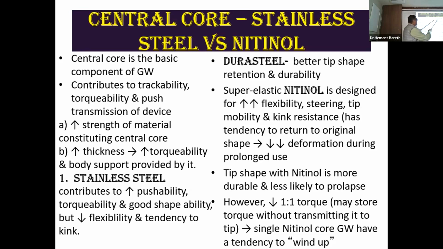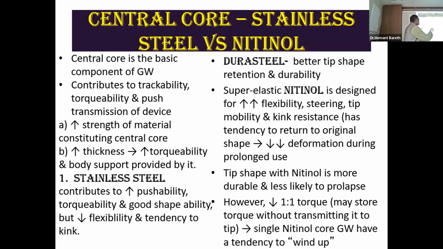Right? On the other hand, the Dura steel has got a better tip shape and retention. It's a type of steel which is Dura steel. Not much used, but there is a super elastic nitinol which gives more flexibility. But the problem is that once you shape it, then it gets deformed and it cannot be shaped back.